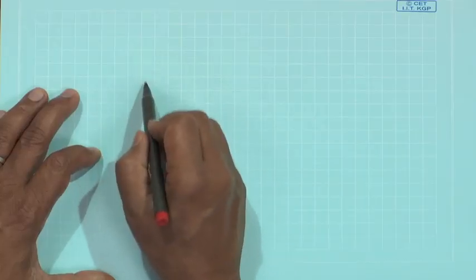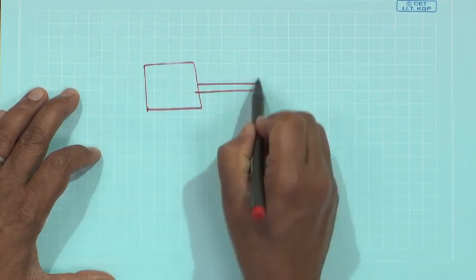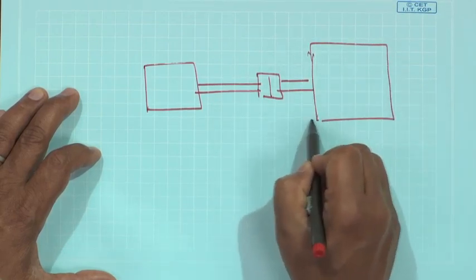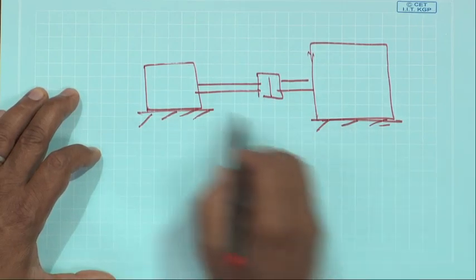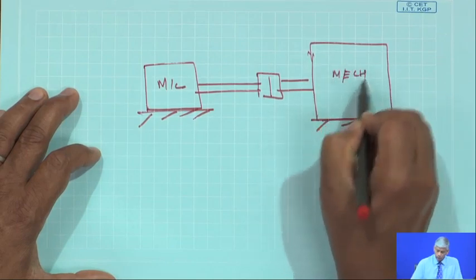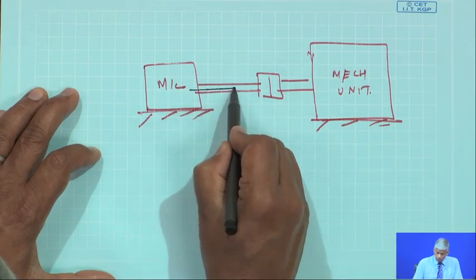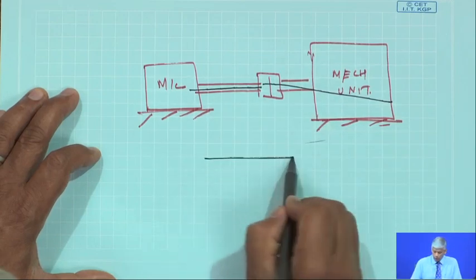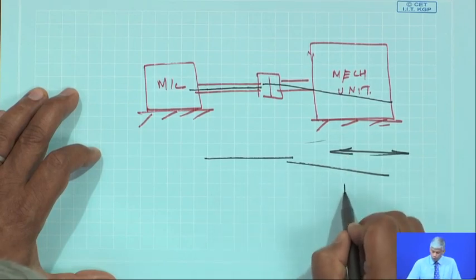As you would have seen in a shaft system, if the shafts are misaligned, okay, when they are rotating, there will be a strong axial pull push effect.